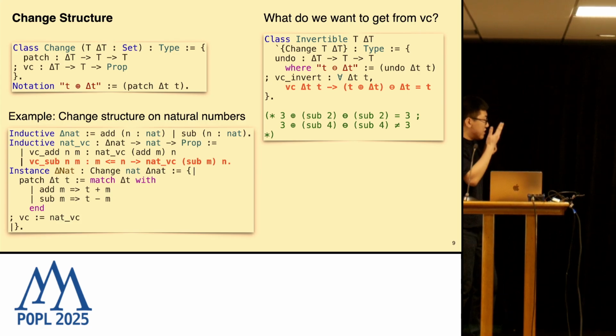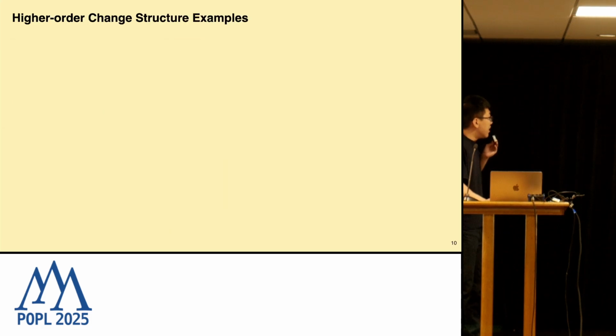I specify it with another type class. We first define an undo operation, which means that we undo a change to a value. And a good VC should capture that a valid change can undo an updated value to the original value. So T ⊕ delta T ⊖ delta T equals T. This captures most of what a good VC looks like, and I feel it's really cute to share with you.